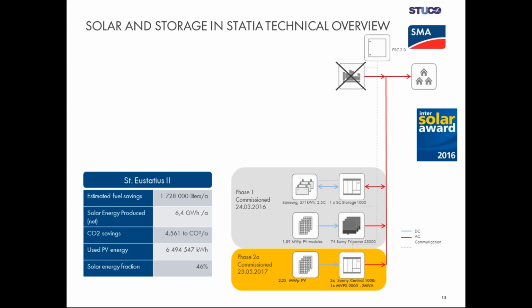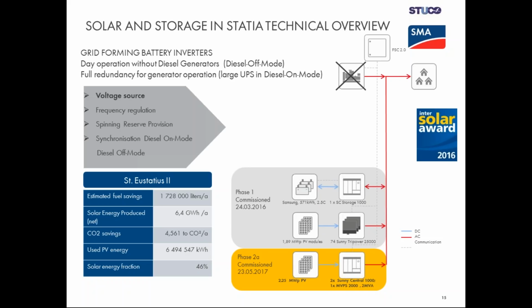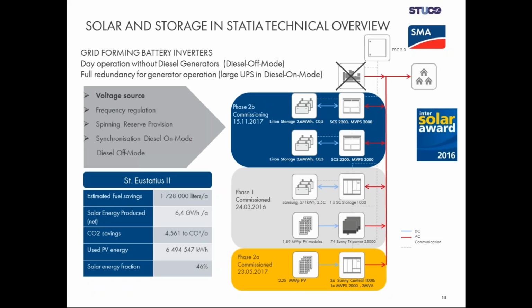To shut down the gensets, our system had to fulfill all the functions that gensets are simply fulfilling. So it had to change from a current source to a voltage source. It had to take over frequency regulation, enough spinning reserve to cope with 4 megawatt PV and 2 megawatt load. So you can imagine these ramps. And it should be fully automatic between diesel gensets, and all components in the system.